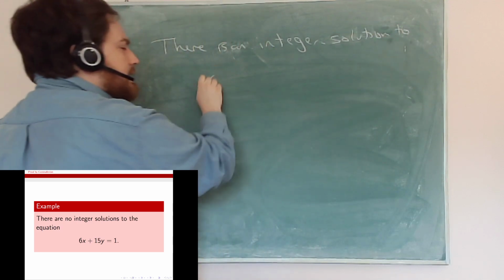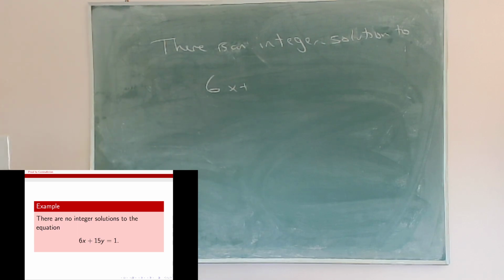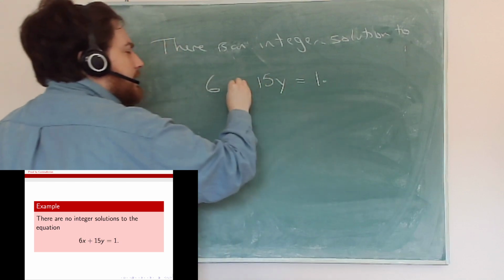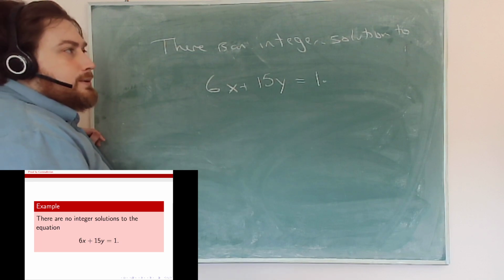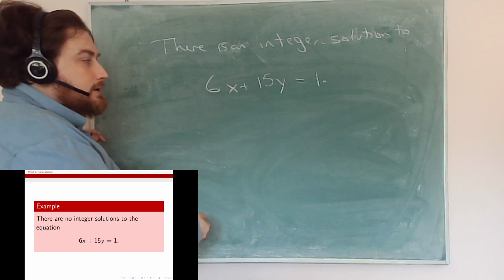to 6x plus 15y is equal to 1. So I assume that there is an integer solution to 6x plus 15y is equal to 1. And what I want to do is show that this leads to a contradiction.